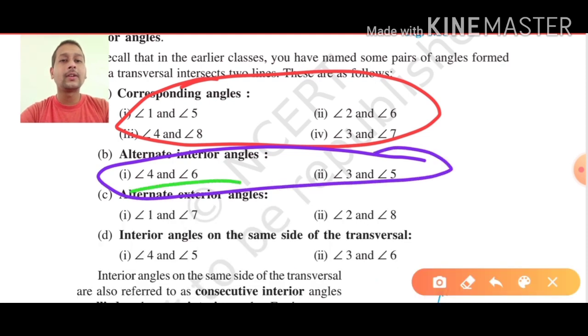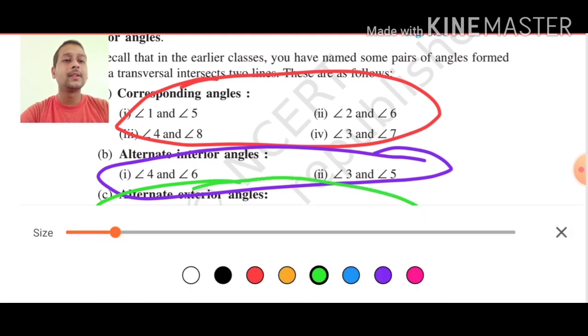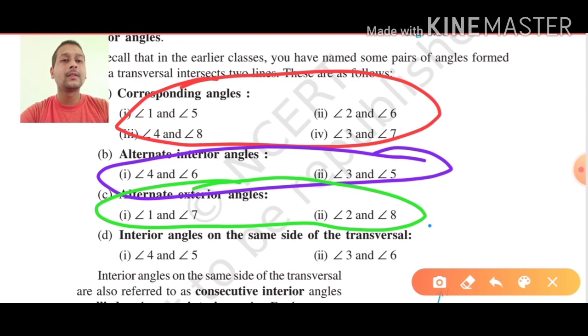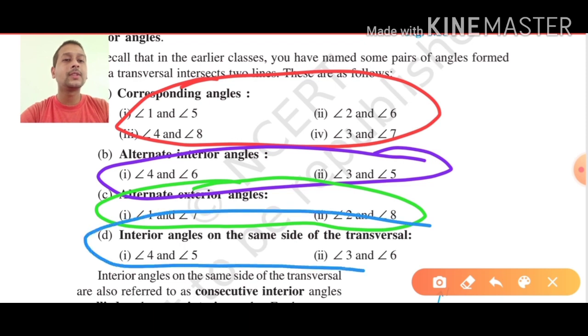Then alternate exterior angles are these all. And lastly, these are the angles on the same side of the transversal. Okay, please read the textbook and try to understand.